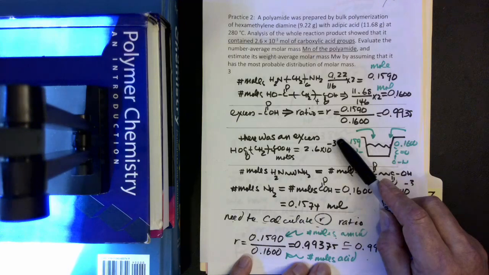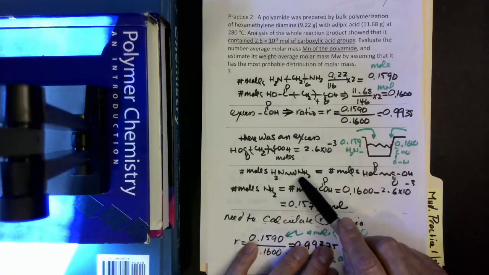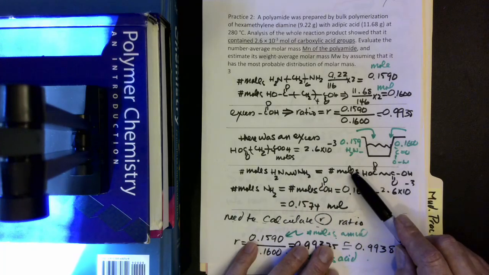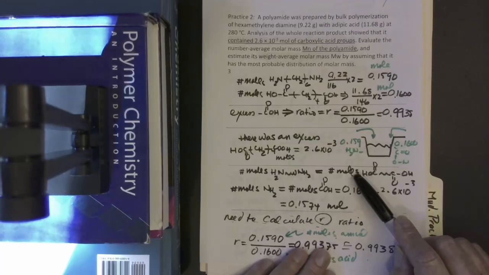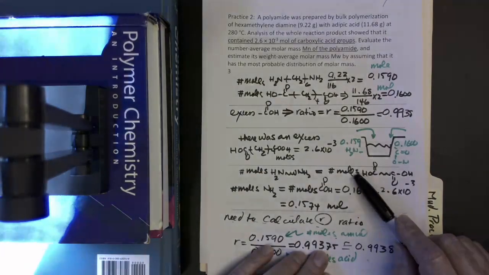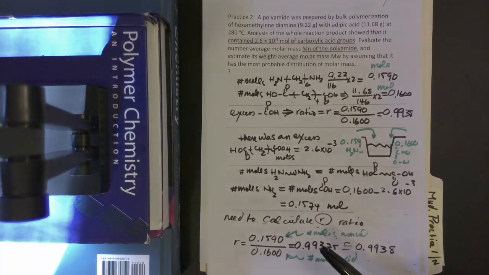We know that for the polymerization to happen, the number of moles of the diamine and the number of moles of the diacid have to be the same. So what is the actual moles of diamine that we use?